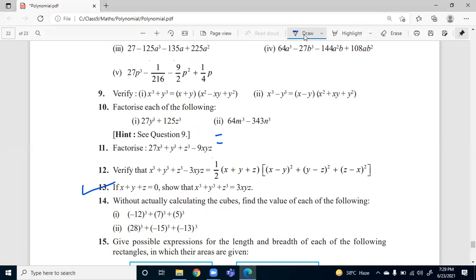I am just giving you an example of question number 14. The proof of this identity is above, you can see in question number 12. If I put 0 in place of x plus y plus z on the right hand side, then this whole right hand side will become 0.